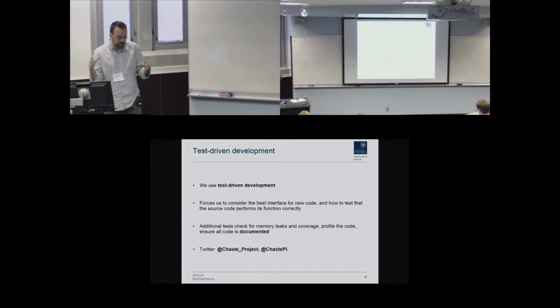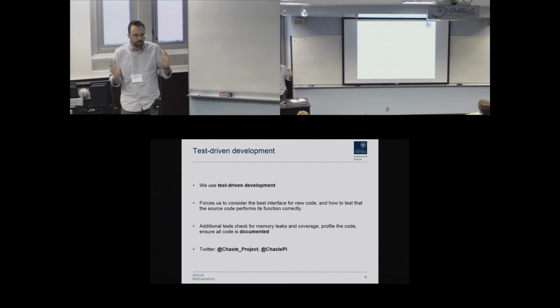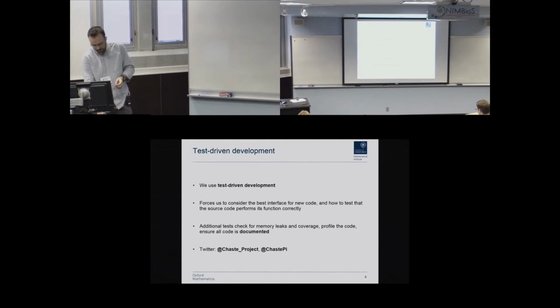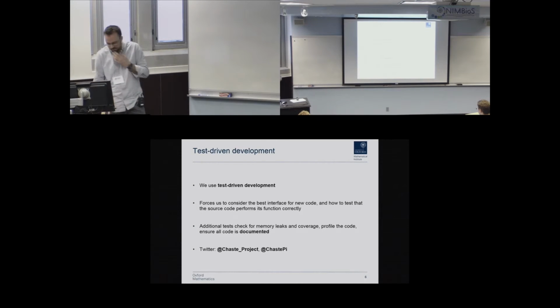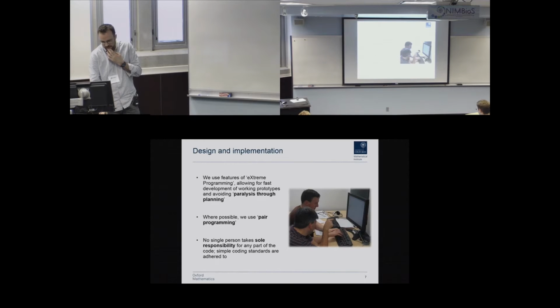If the person who committed the new code broke Chaste or introduced an error, then this tweets the name of that developer. So this is a way of formalizing the principle of peer pressure. I suppose if you're interested, you could look at the distribution of different named developers in terms of error rates, but I maybe wouldn't encourage that.